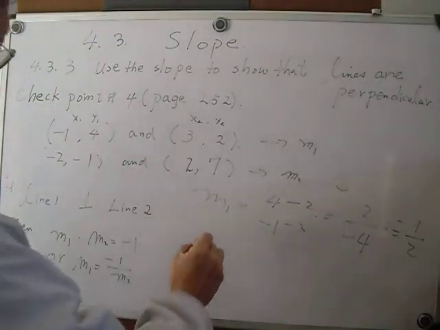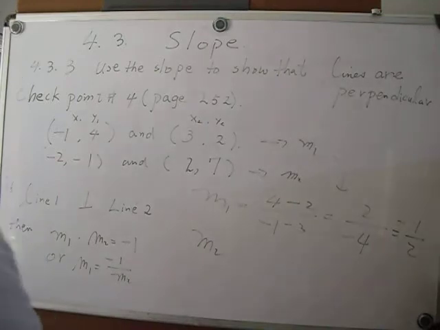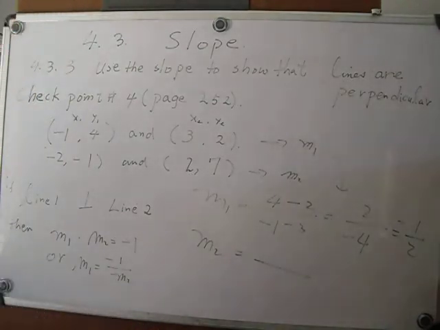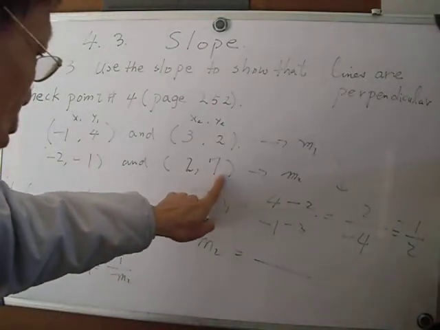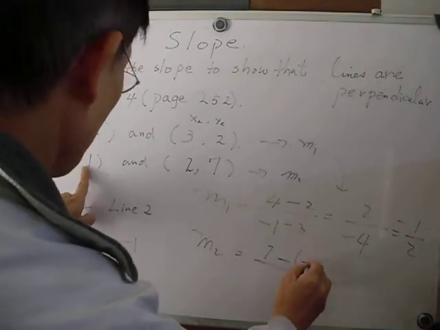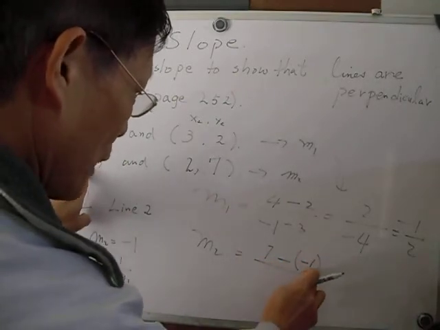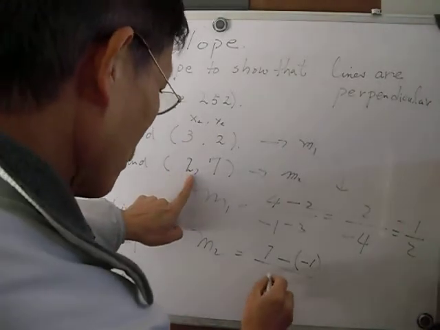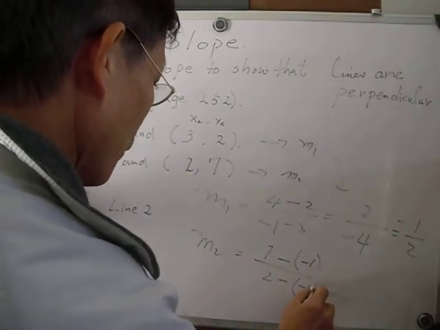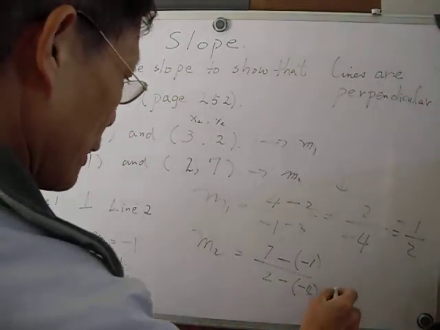Let's take a look at the slope of the second line. y2 is 7, subtract y1, -1, subtract parenthesis -1, and then x2 is 2, x1 is -4.